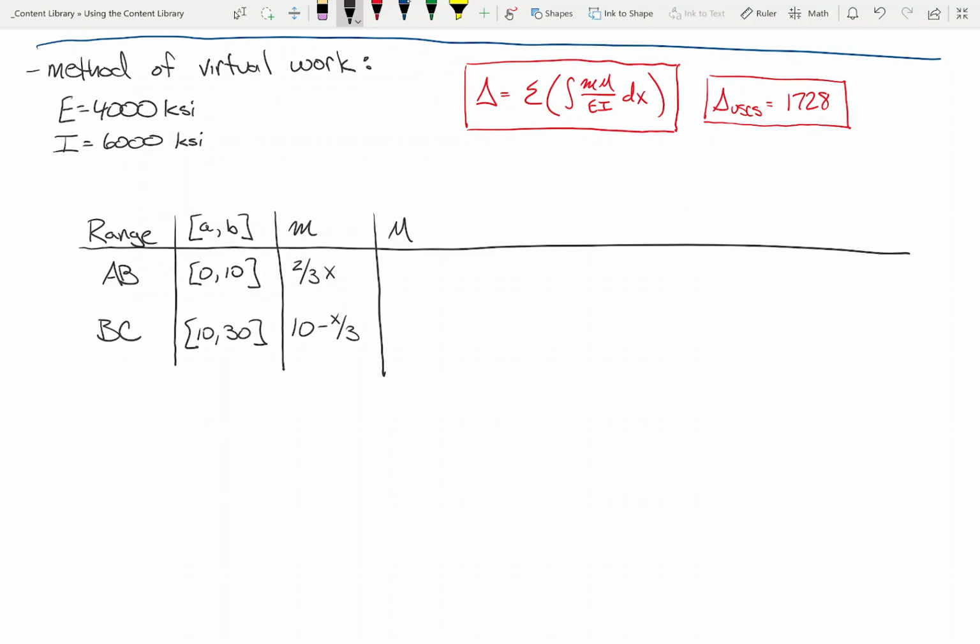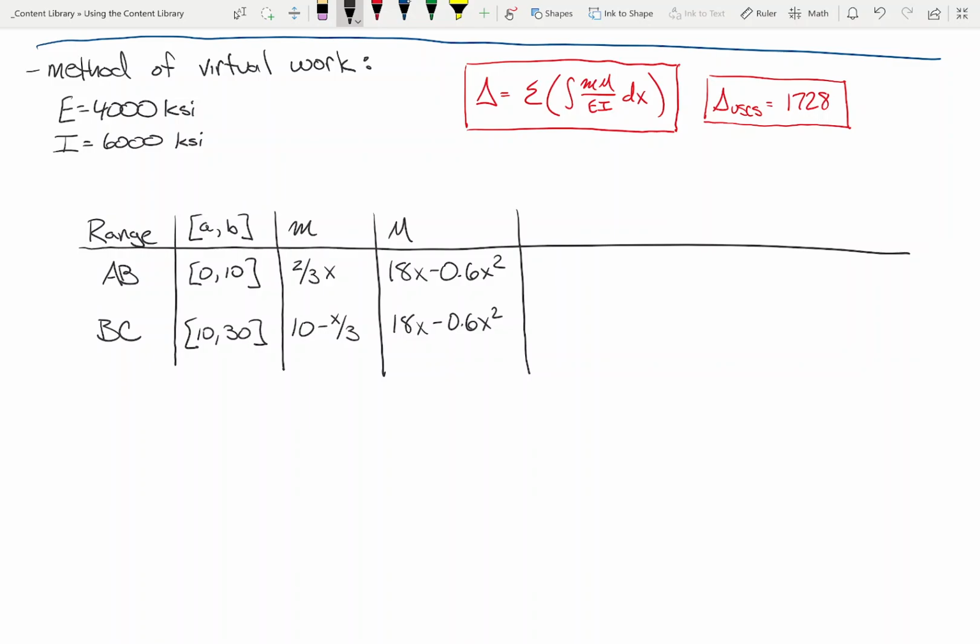So I actually list the same thing twice.